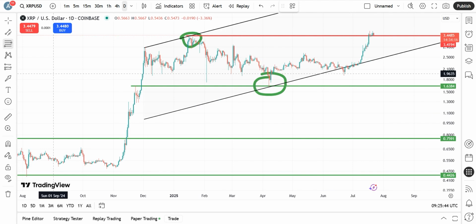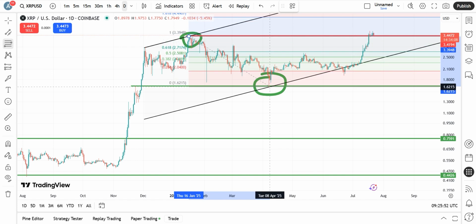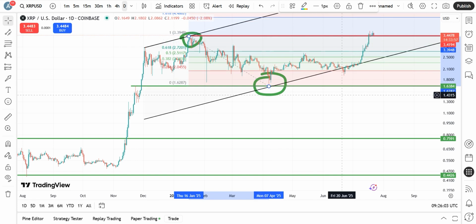Let's use the Fibonacci, and we put this one right there and the bottom right here. So it depends right now how it reacts. We would say it is a resistance, and we would like to wait a little bit for it.